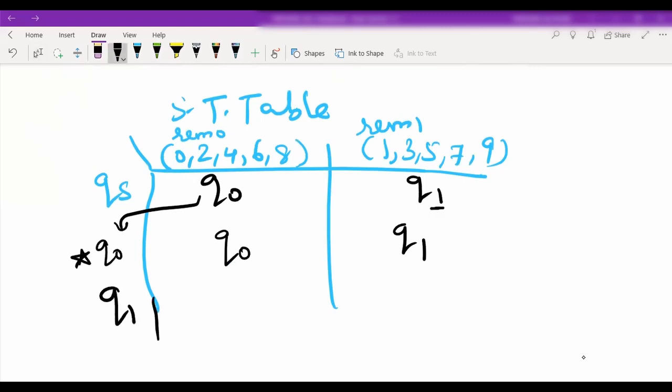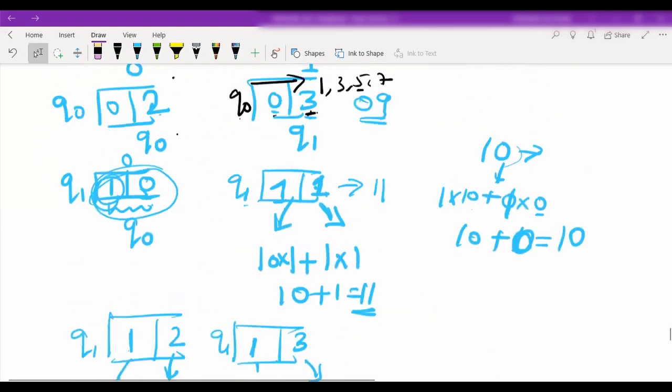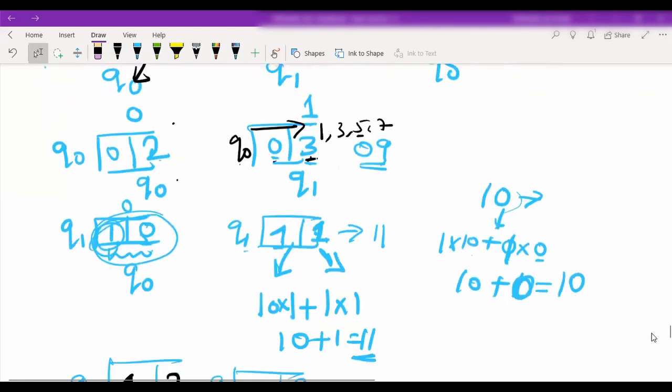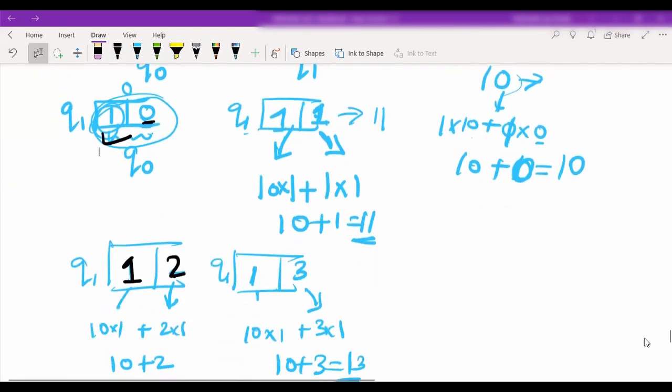Now which is remaining? This one is remaining, so we will consider Q1 state. Q1 is remainder 1, so the previous remainder is 1. Now if you are taking 0 from the remainder 0 set as the next bit, it is making 10. If you are taking the second element from the remainder 0 set, it is making number 12.